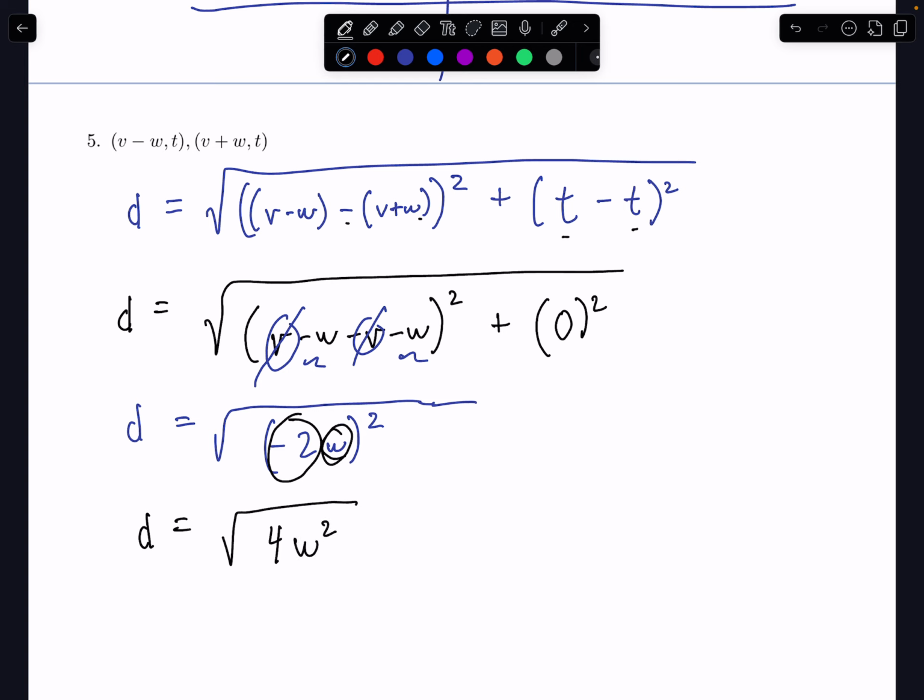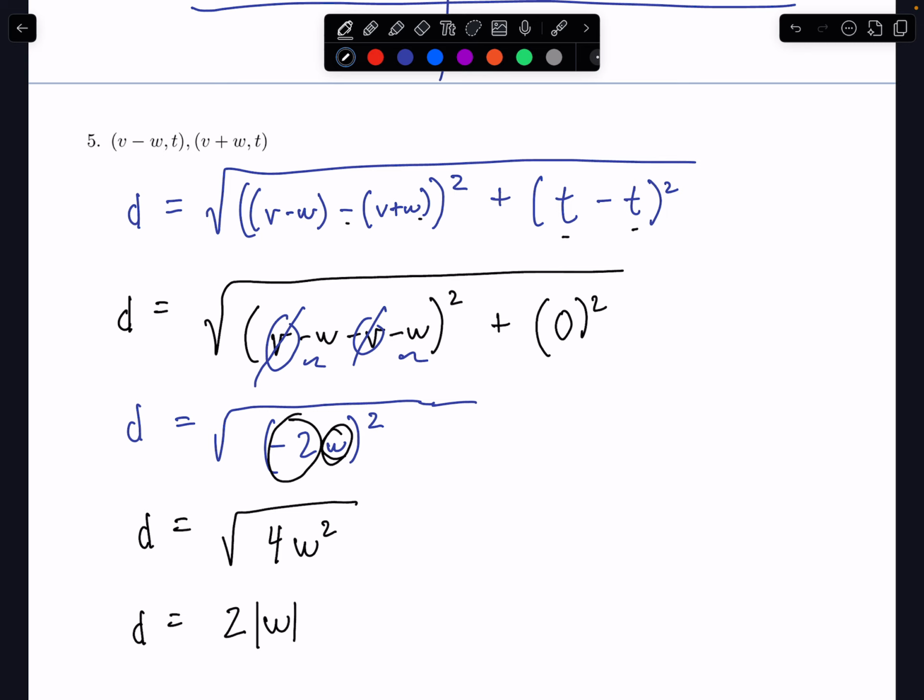All right. What is that? It's going to be 2w. But note here, w for w bigger than 0. Or if you want to, you can just say this is the absolute value of w. So basically 2w, as long as w is bigger than 0.